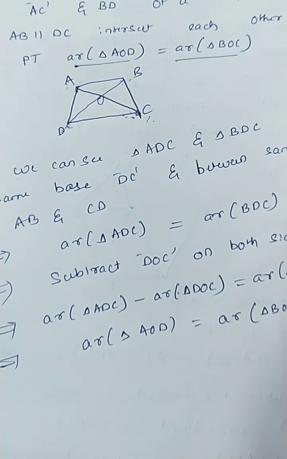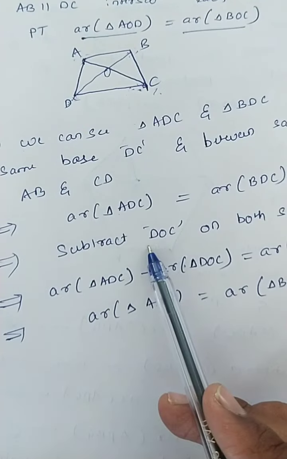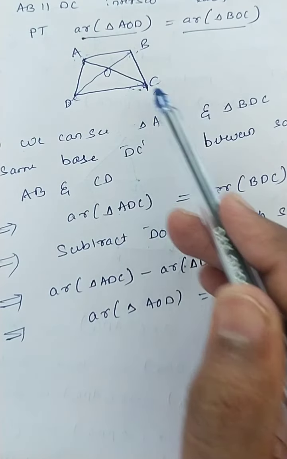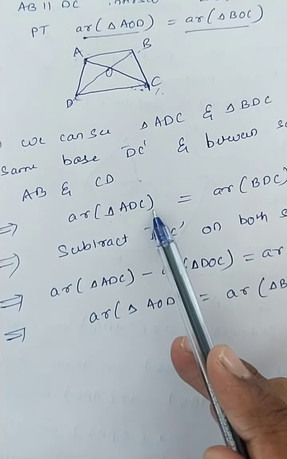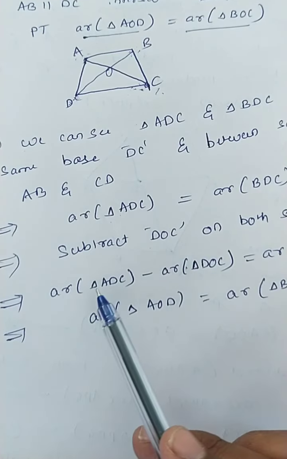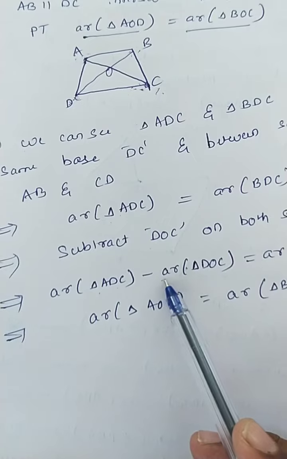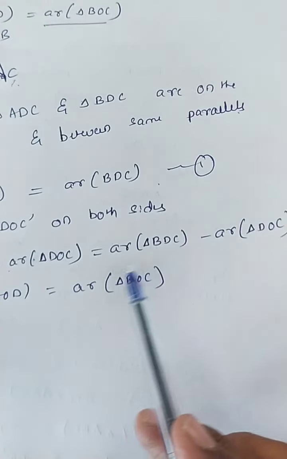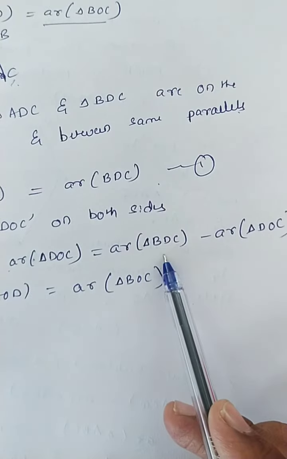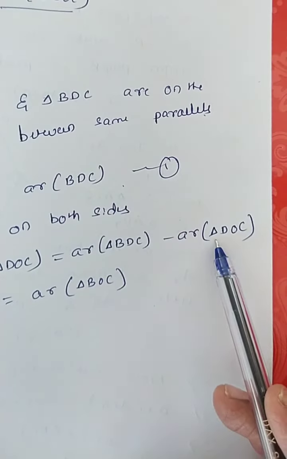This is from theorem 3. Subtracting the area of triangle DOC on both sides, the area of triangle ADC minus the area of triangle DOC is equal to the area of triangle BDC minus the area of triangle DOC.